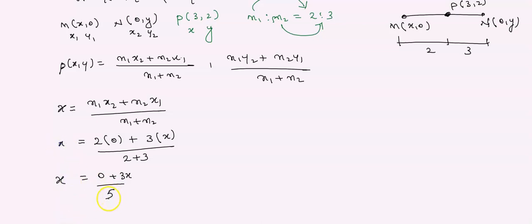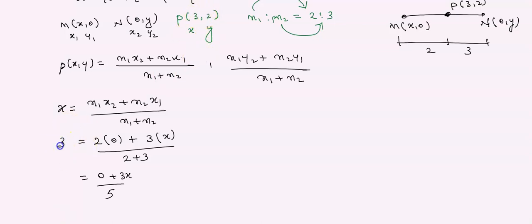Now cross multiply, 5 into x, 5x. And already we know that the value of x is 3, so we substitute the value of x as 3 here. The x value is 3, y value is 2.